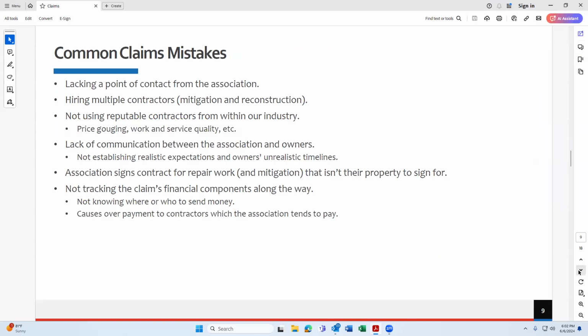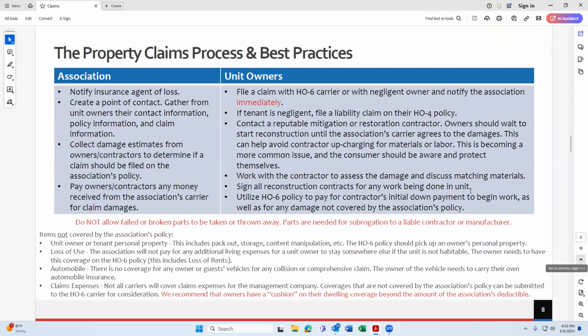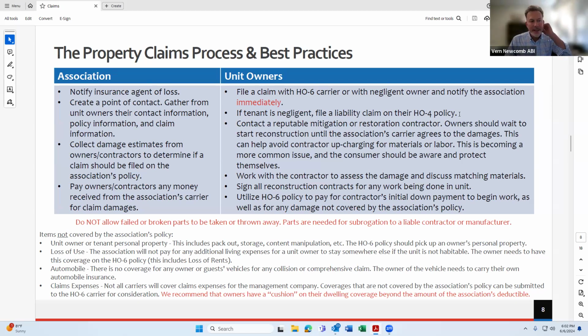Vern, just a quick question on that last slide. I see the HO6 mentioned a couple of times. I also see in the second bullet under unit owners, HO4. Is that supposed to be a 6, or is there such a thing as a 4? No, it says if tenant is negligent, file a liability claim on their HO4. That is what we call a renter's insurance policy. Okay.